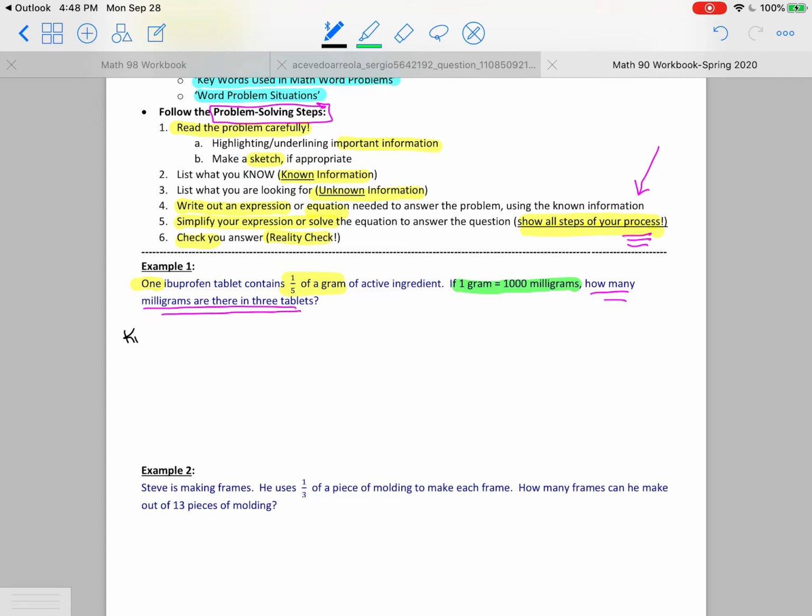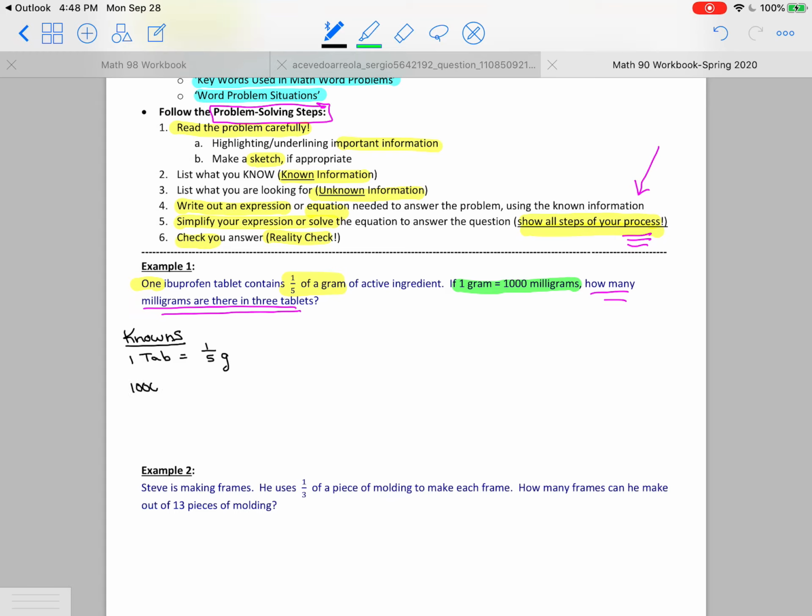All right, so I'm going to try as best as I can to follow the steps. I'm going to start with my known information, and I'm also going to think about, would this be one of the problems where a sketch would be important? And I would say no. A sketch, in my opinion, is not really going to help me very much. I know that 1 tablet is equal to 1/5 of a gram of the active ingredient.